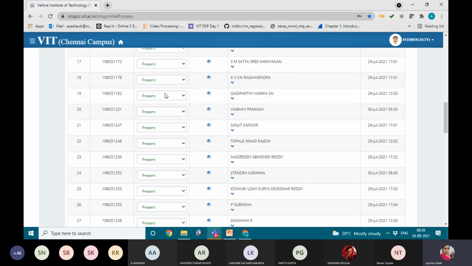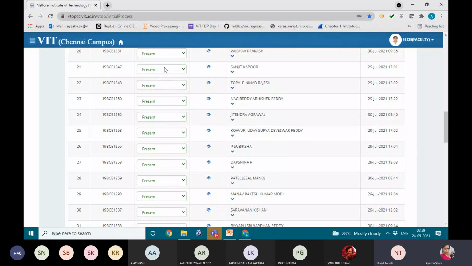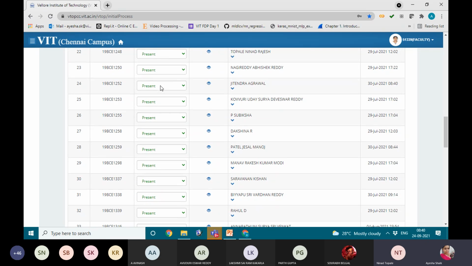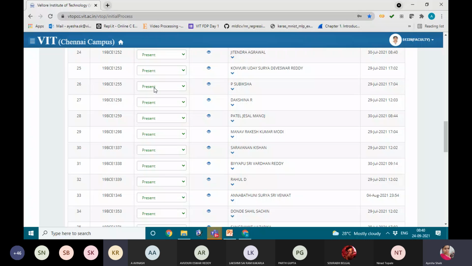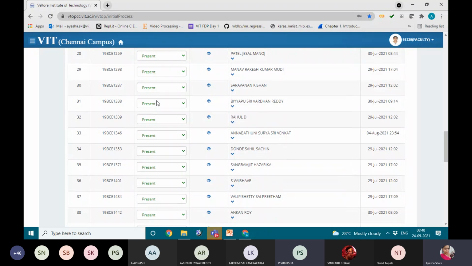Harika Sai, present. Vaibhav Prakash, present. Sanjit, present. Ninand, present. Abhishek, present. Jitendra, present. Uday Surya, present. Subiksha, present. Dakshina, present. Patel, present.